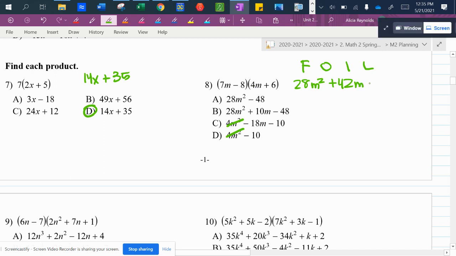Negative 8 times 4m is negative 32m. Negative 8 times positive 6 is negative 48. So I can rule out A as also being wrong, and the answer is B when I simplify 28m squared plus 10m minus 48.